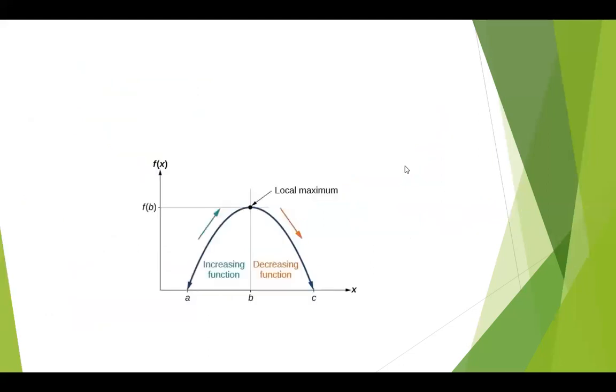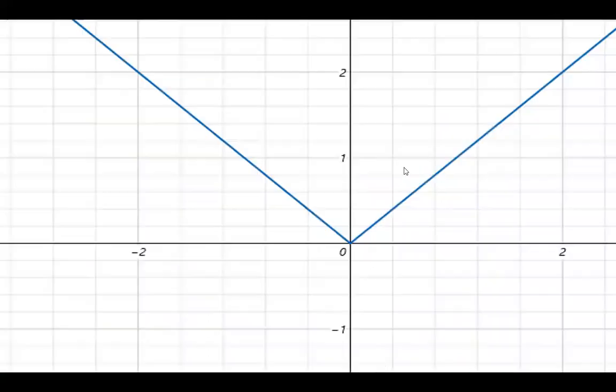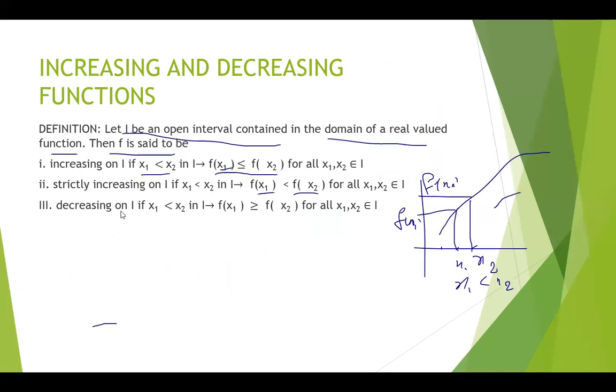Now, I move back to the definition of decreasing function. The function f of x is said to be decreasing if x1 is less than x2, but their images f of x1 is greater than or equal to f of x2. In the same curve here, suppose the curve bends like this.